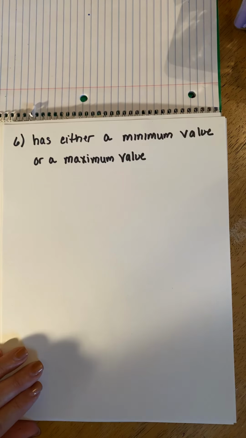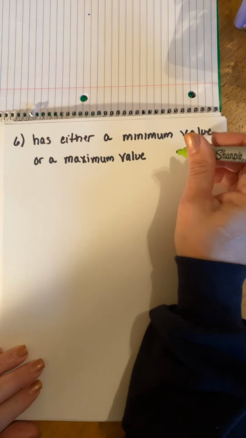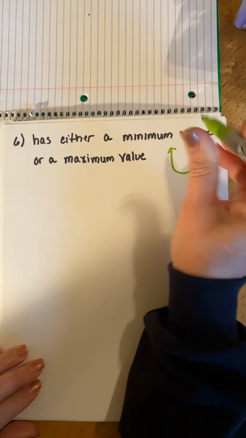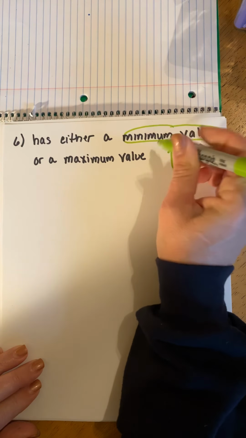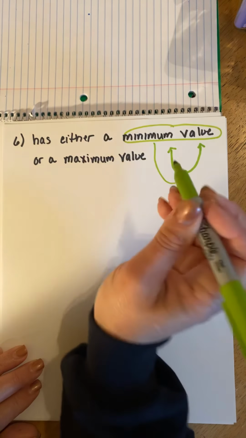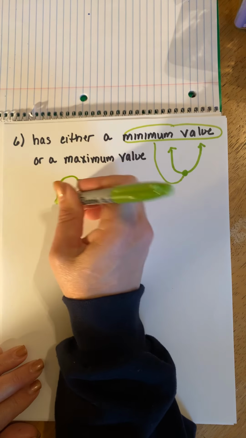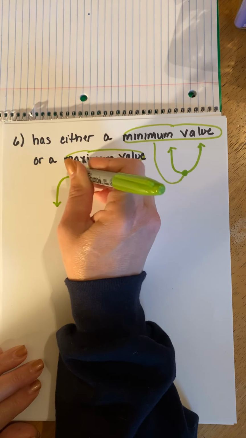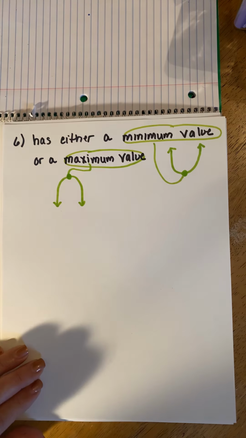So if it is a right side up parabola, the minimum value would be right down here. If it's an upside down parabola, the maximum value would be right here. And we'll see this in examples.